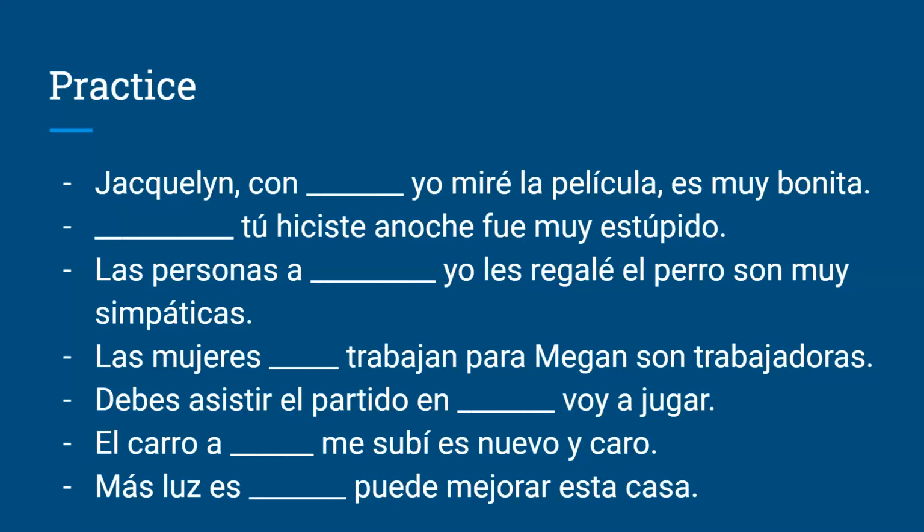But you see the rest of the sentence. What can improve this house is an idea. So the answer to this one would be lo que. Even though we know that light is the idea for what can improve the house, the concept, what can improve the house, is an idea. So it's not a clear, solid subject, so we go with lo que on that one.